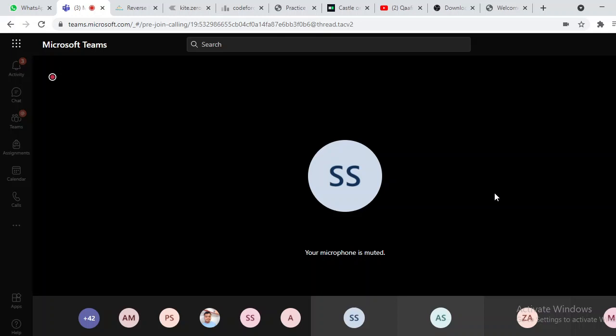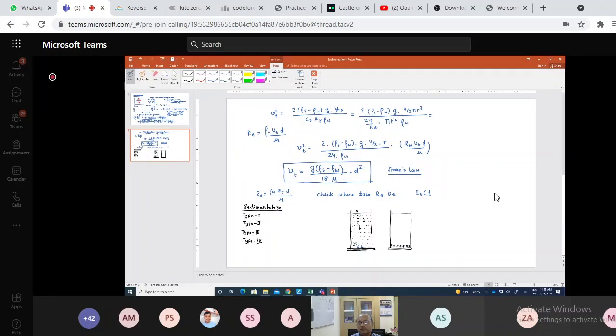Okay, you have got some depositions right here at the bottom, and this zone, as time progresses, is growing over time. And what happens at the top? You start seeing a clear solution from the top.